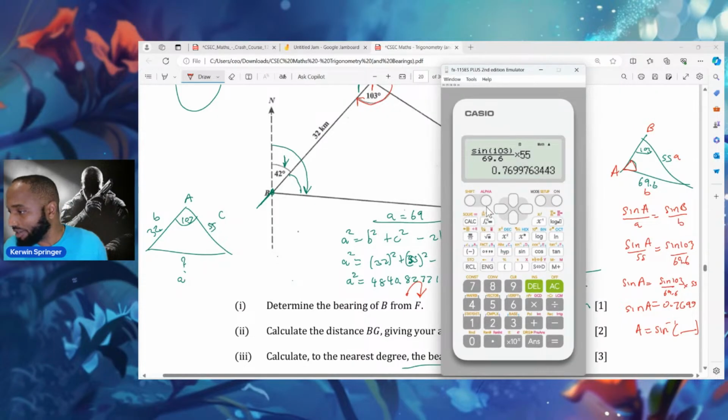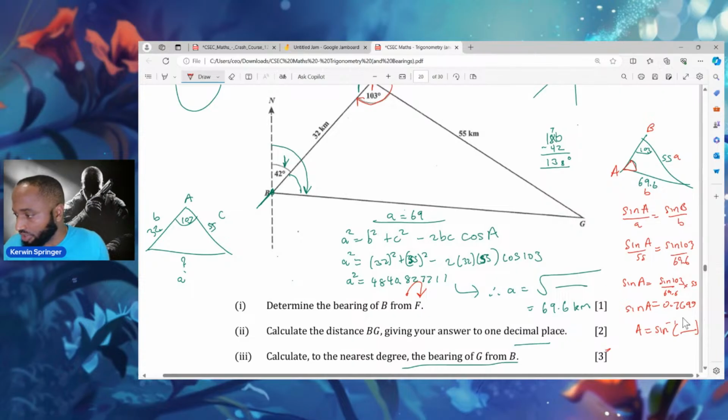So you want the sine inverse of that number. Shift, sine inverse of answer. That gives 50.4. They want it to the nearest degree, but let's keep the 4 for now.